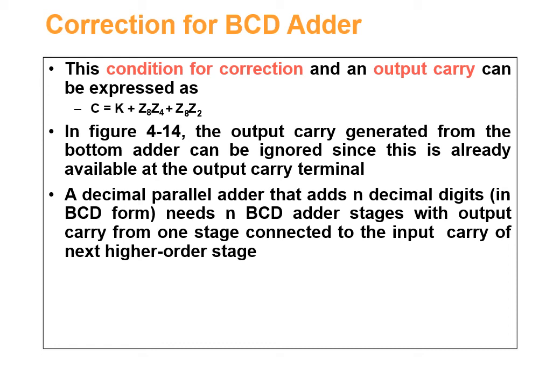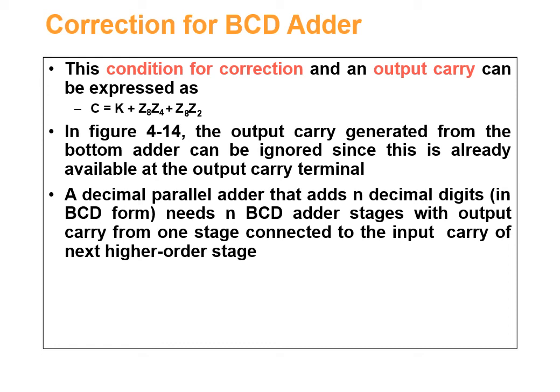A BCD adder that adds two BCD digits and produces a sum digit in BCD is shown in a picture on the next page. The two decimal digits together with the input carry are first added in the top 4-bit adder to produce the binary sum. When the output carry is equal to 0, nothing is added to the binary sum. When it is equal to 1, binary 0110 is added to the binary sum through the bottom 4-bit adder.